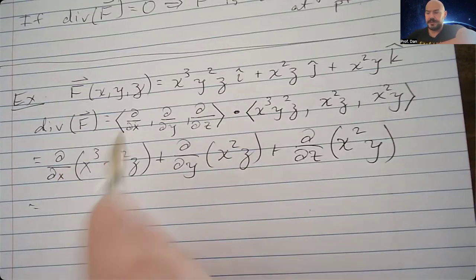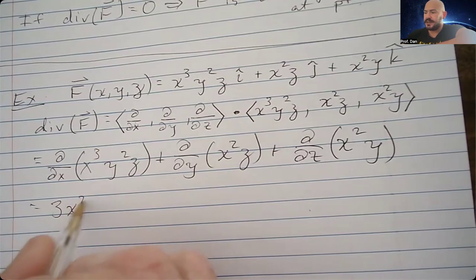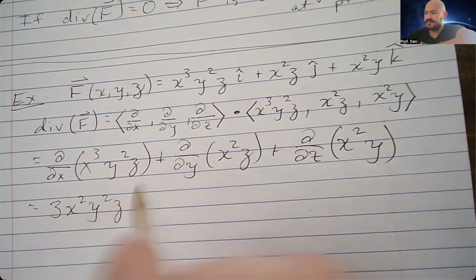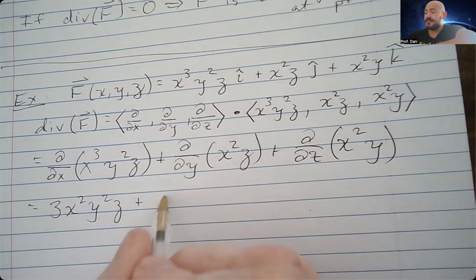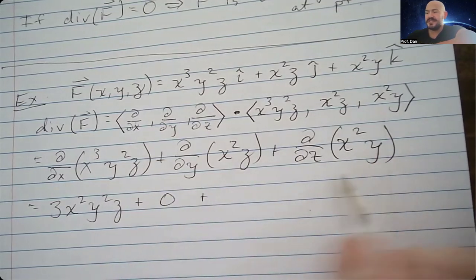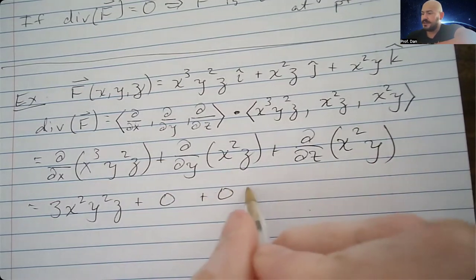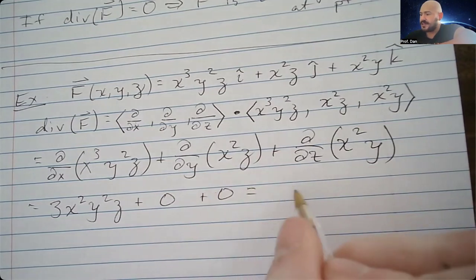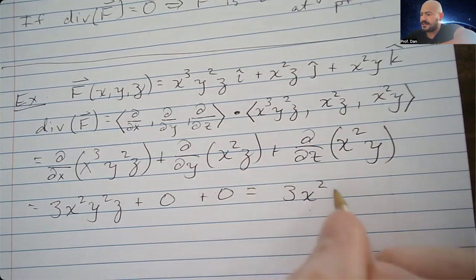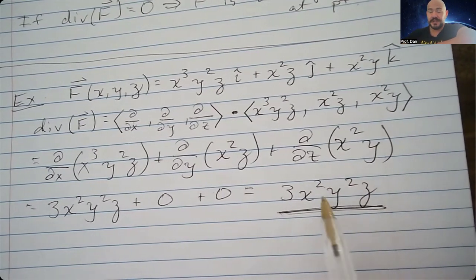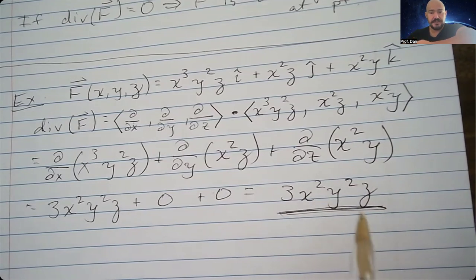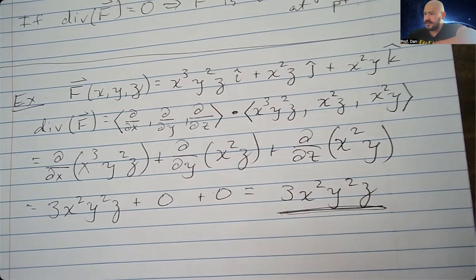Then if I look at that first term, partial with respect to x would be 3x squared y squared z. Second term, there's no y there, so that would be 0. Third term, there's no z there, that would be 0. So our divergence in terms of x, y, and z is 3x squared y squared z. Right? So if I plug in any value of x, y, and z, i.e. a point, I can get the divergence at that point.